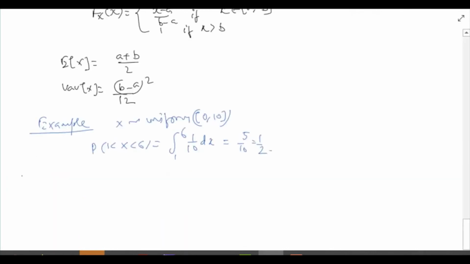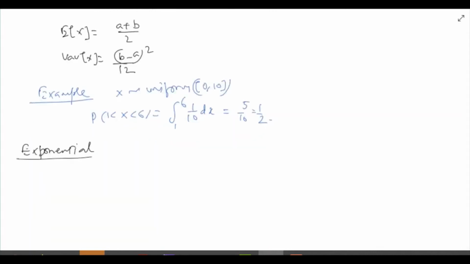Next we see a very common distribution called exponential distribution. To understand exponential distribution, consider the lifespan of an object whose remaining lifetime does not depend on its age.